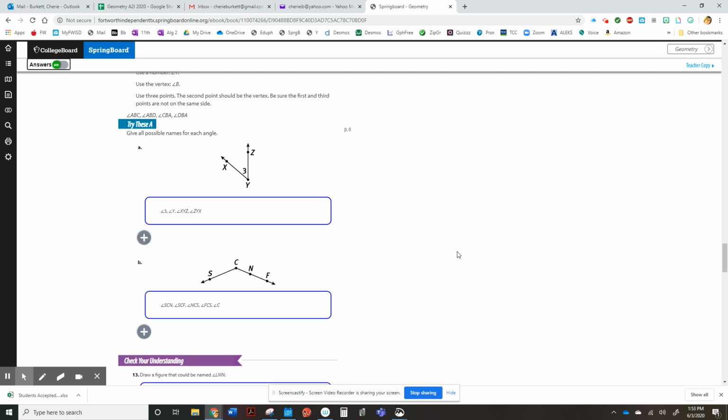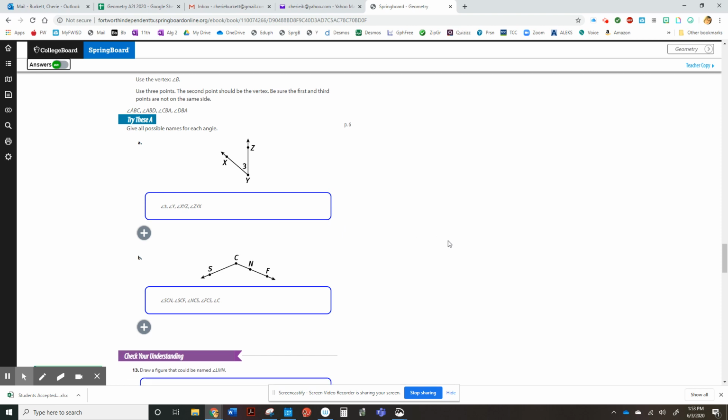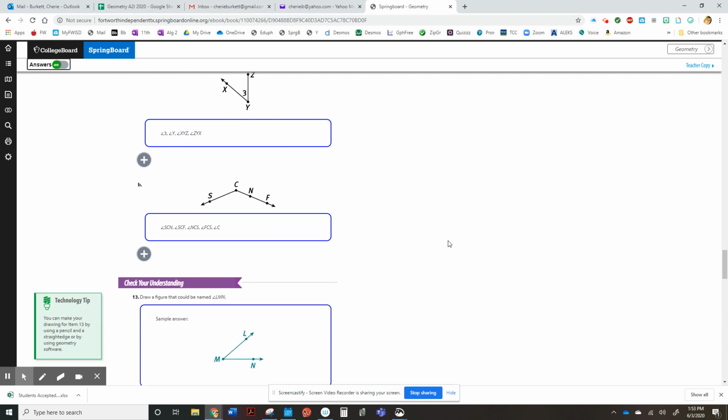Okay, so here are the answers. I told you there were 4 accounted for. Angle 3, angle Y, angle XYZ, and angle ZYX. Notice Y is the middle letter. That seems to be the hardest thing for people to remember, that the middle letter must be the vertex of the angle. Notice this one doesn't have a number.